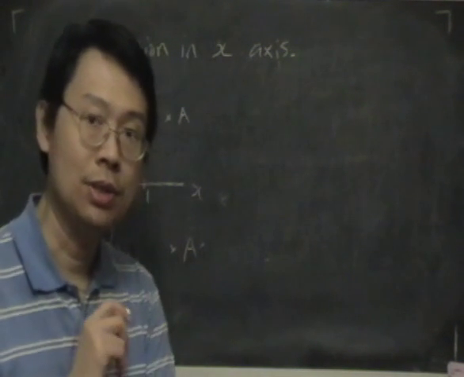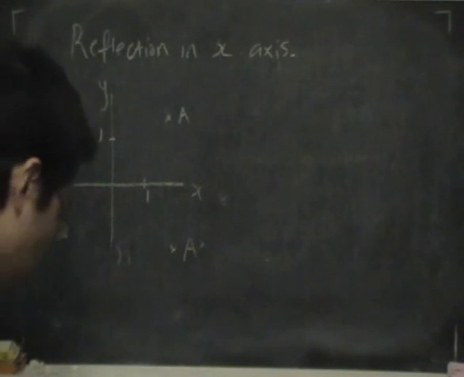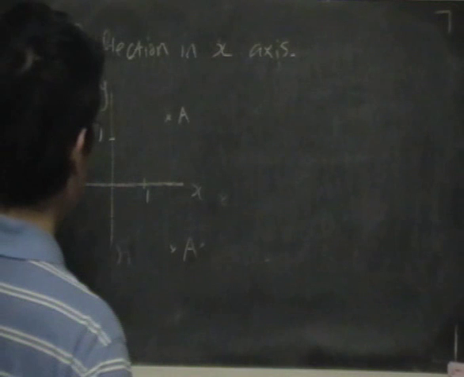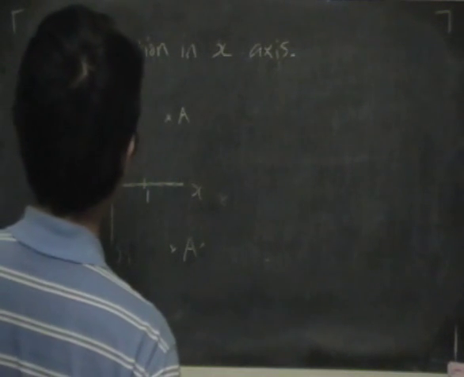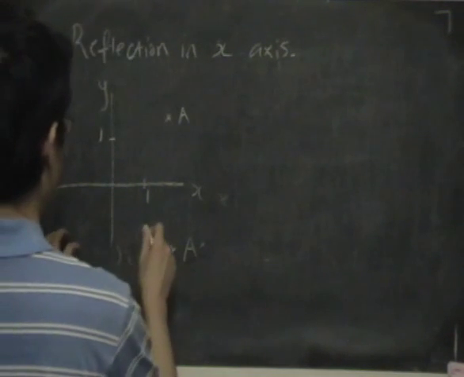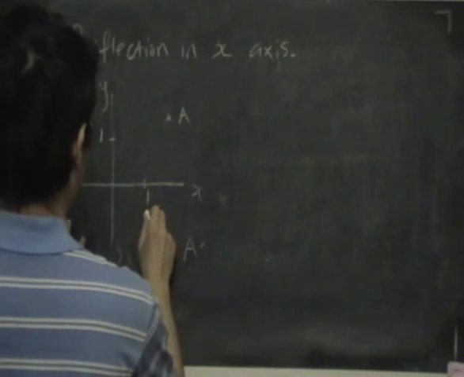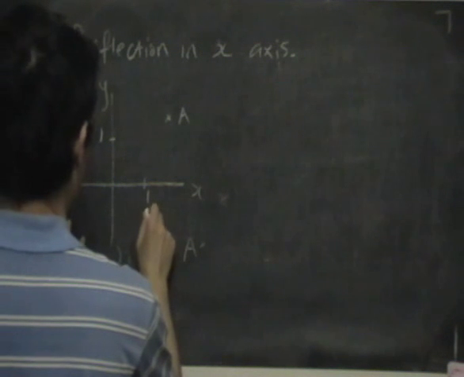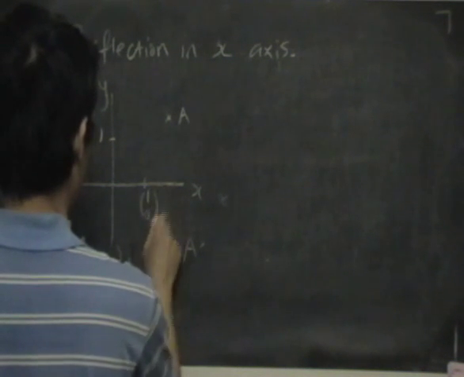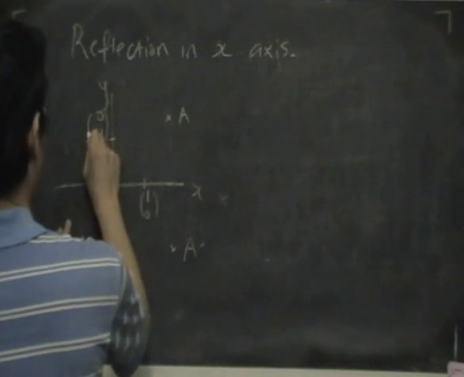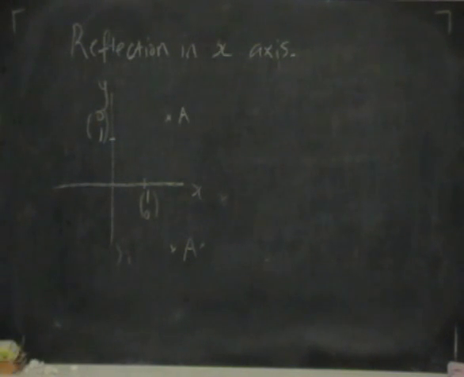So that's quite easy to remember, just those 2 points. Right, and the coordinates of these 2 points, just write it down, it's 1, 0. That one is 0, 1.